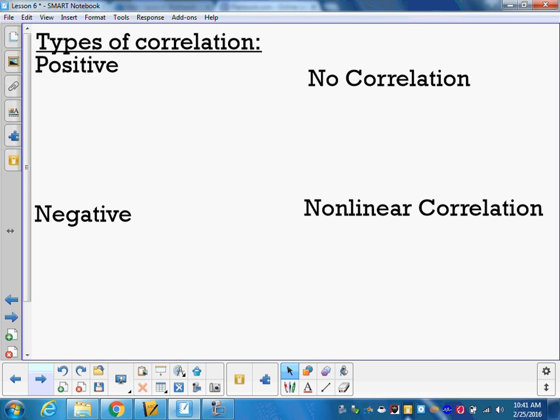So I'm going to show you examples of 4 different types of correlation. I was going to borrow pictures from the internet, but it was giving me a hard time, so I'm going to just be an artist today.